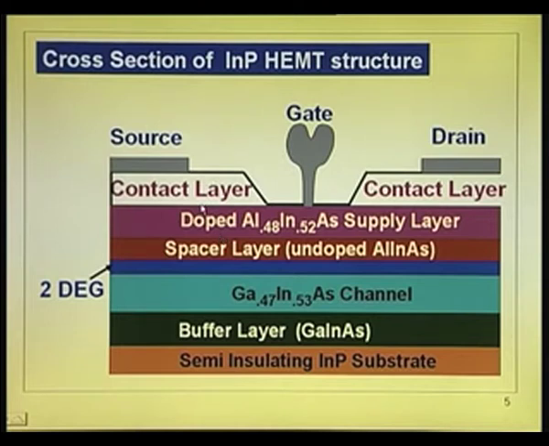This can be a material which is even gallium indium arsenide, okay, which has much lower band gap. What is the idea of putting that? So that this ohmic contact is a good ohmic contact. You can make very good ohmic contact with a material which has a low band gap. So that is the idea.